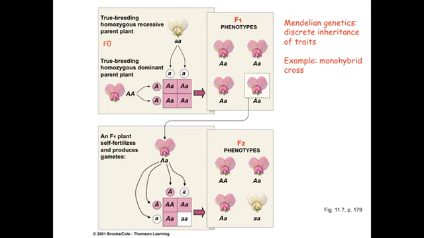Pink encodes the dominant allele, big A there. The recessive alleles come from the white pea plant, little a, little a. When we do a cross of these, we cross-pollinate and we grow the plants up.